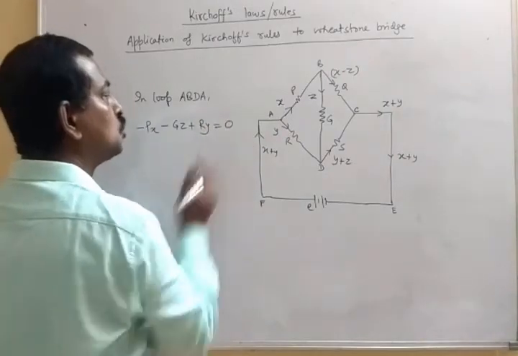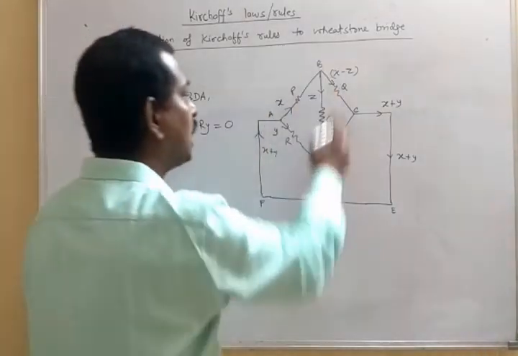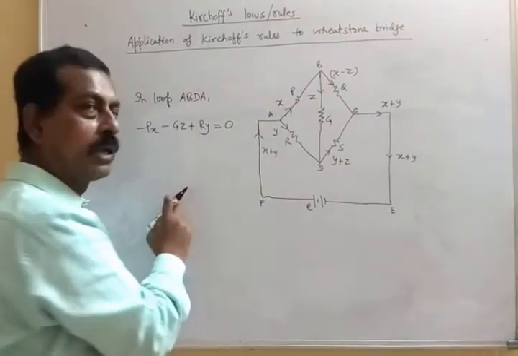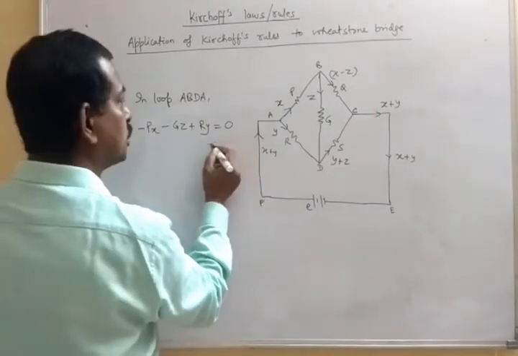This is equals to 0. Summation IR is equals to 0. There is no cell here. So it will be only summation IR equals to 0 there. So this is our first equation.